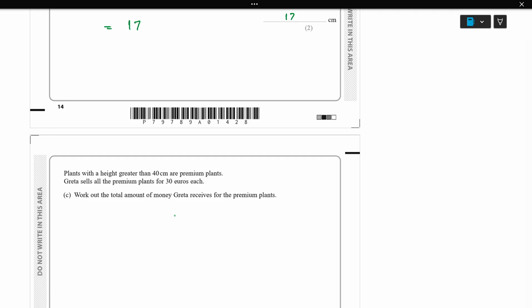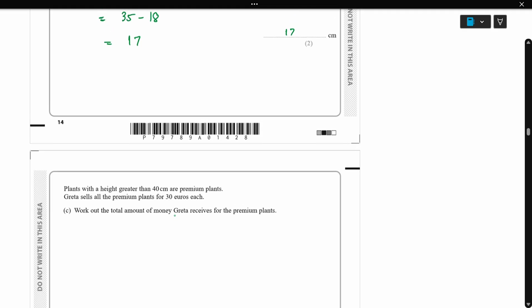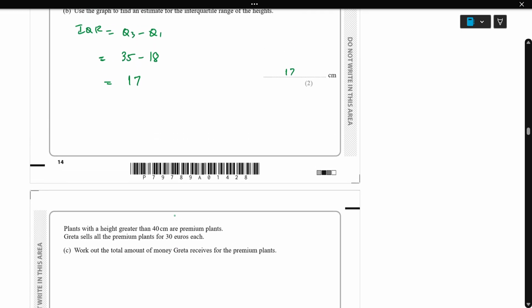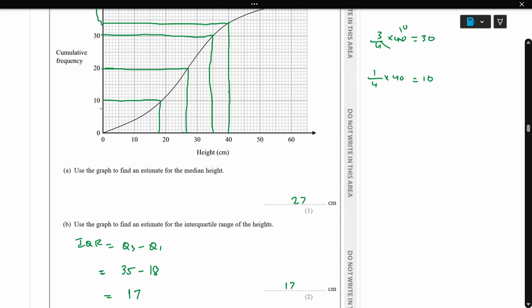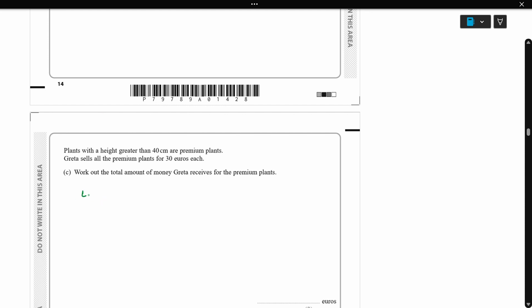So 40 cm and above is here, from here to here. 40 minus 34, which is 6 plants.